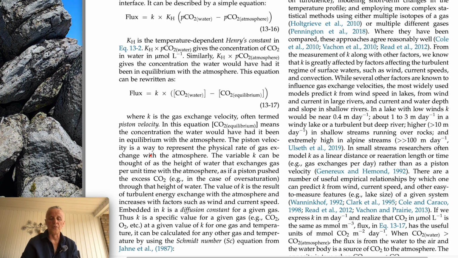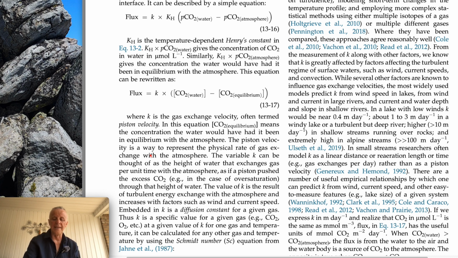In small streams, researchers often model K as a linear distance or reaeration length or time, rather than as a piston velocity. There are a number of useful empirical relationships by which one can predict K from wind, current speed, and other easy-to-measure features of a given system.